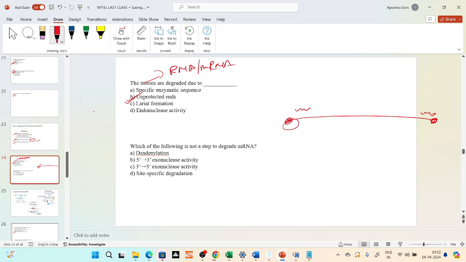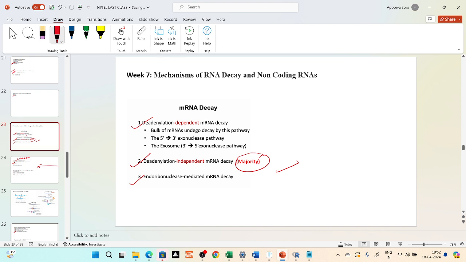Second, which of the following is not a step to degrade mRNA? Deadenylation, 5' to 3' exonuclease activity, 3' to 5' exonuclease activity, or site specific degradation. Which is not an event? You can see here endoribonuclease mediated decay also takes place.